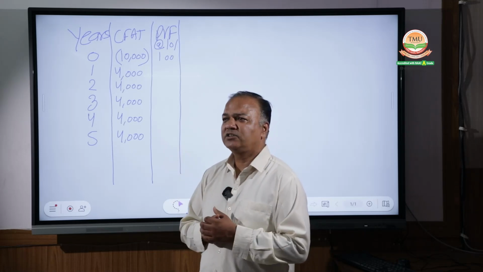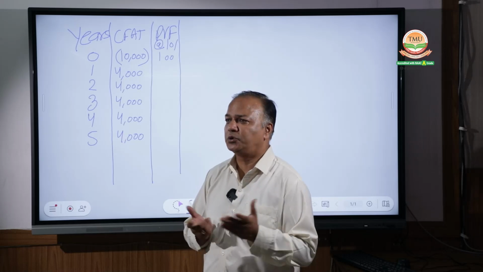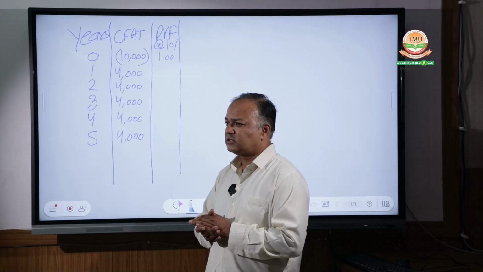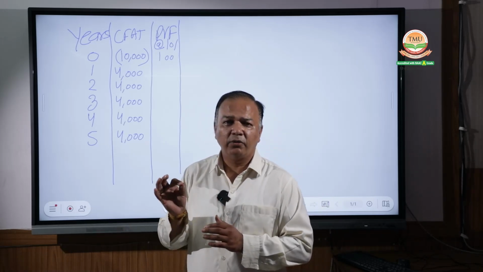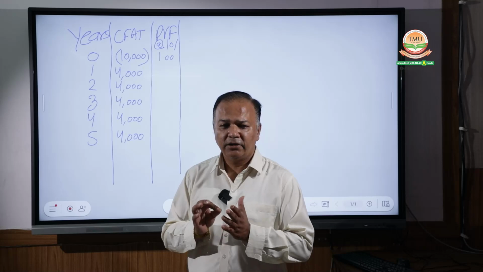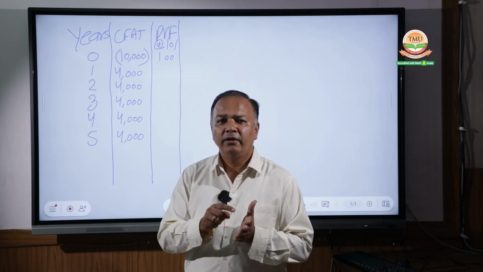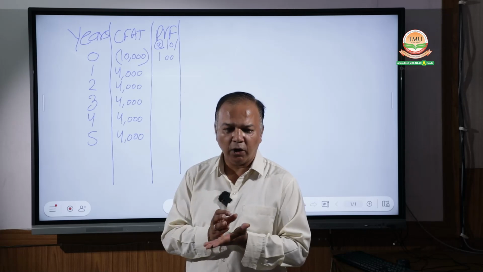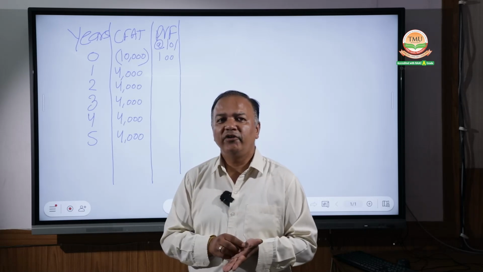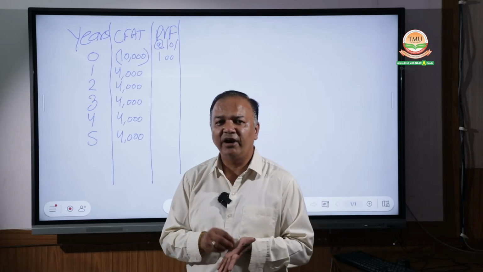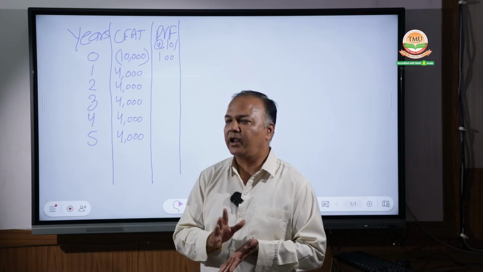If the rate of discount is given as 20%, then it will be 100 by 120. So I think it's very clear to all of you. It means in the numerator you write 100, and in the denominator you add the rate to 100, that is, 100 plus the rate of discount. If the rate of discount is 20%, it will be 120. If the rate is 10, it will be 110.